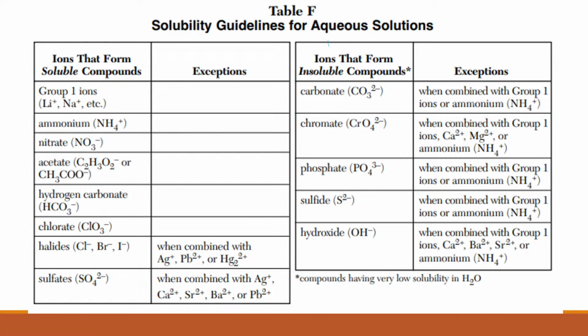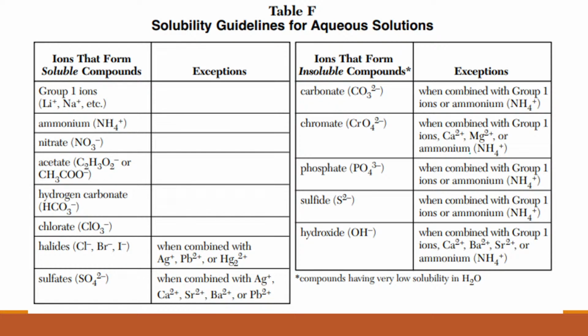On the other side, on the right, this whole chunk gives us the opposite set of information. Things that are normally insoluble, things that normally do not dissolve in water, and the exceptions that make these substances dissolve. Now here we see there's a lot more text in the exceptions column for the right side of the table, but it does overlap.